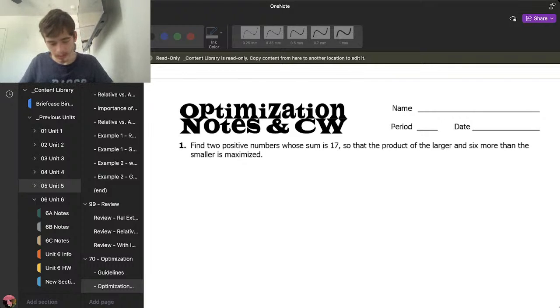Okay, so xy plus 6x equals P. You could rewrite what y equals: it's 17 minus x. So x times (17 minus x) plus 6x equals P. Negative x squared plus 23x equals P.